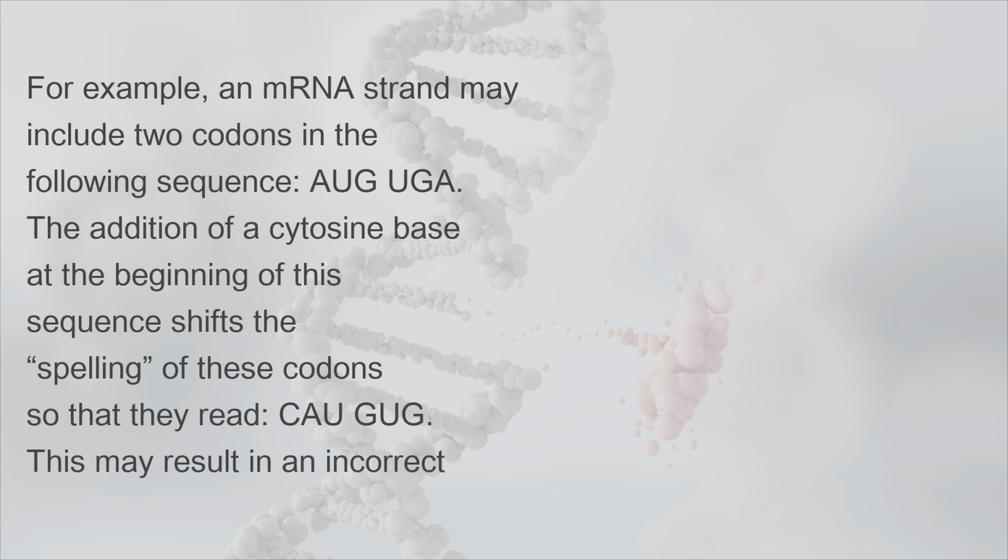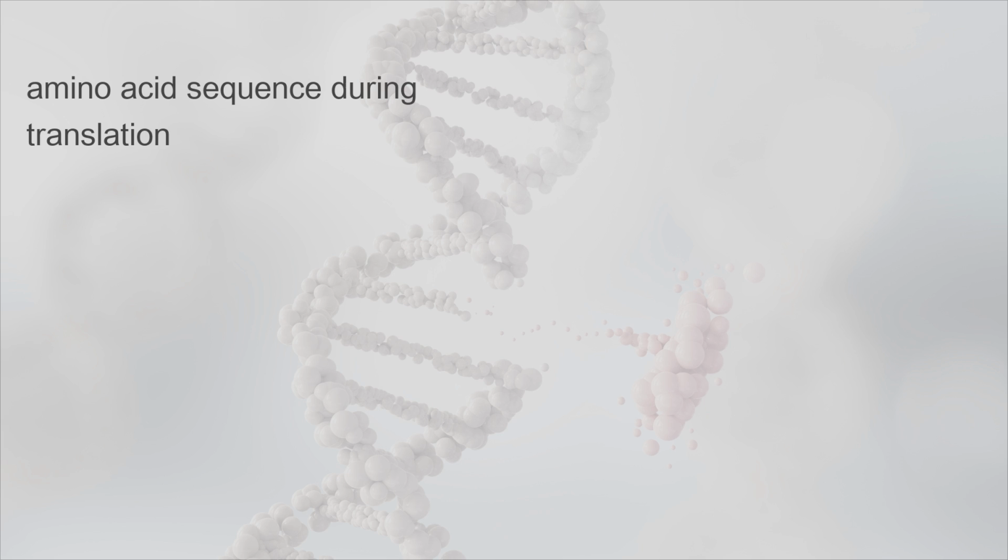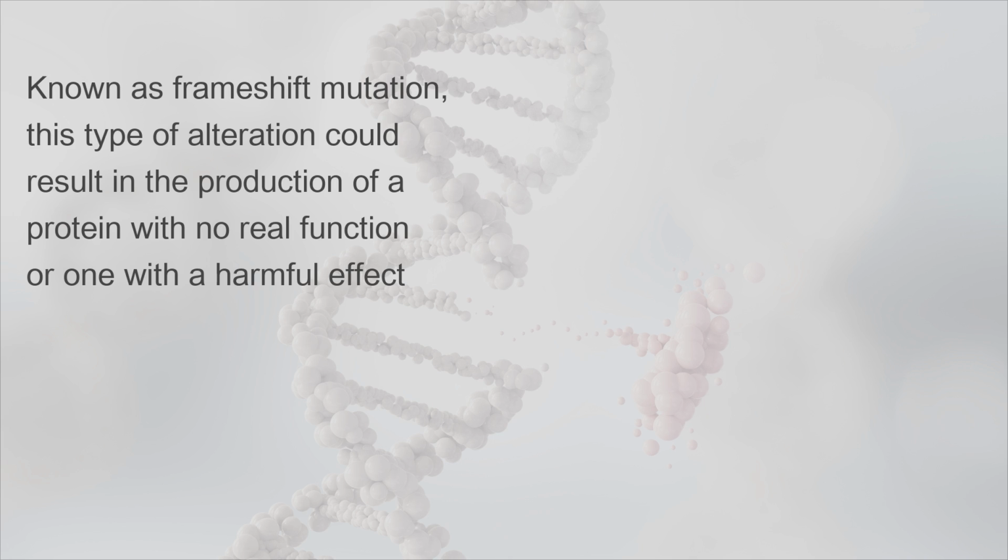This may result in an incorrect amino acid sequence during translation, or the protein may be truncated. Known as frameshift mutation, this type of alteration could result in the production of a protein with no real function or one with a harmful effect.